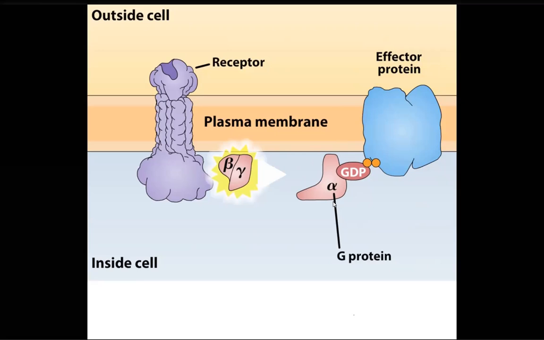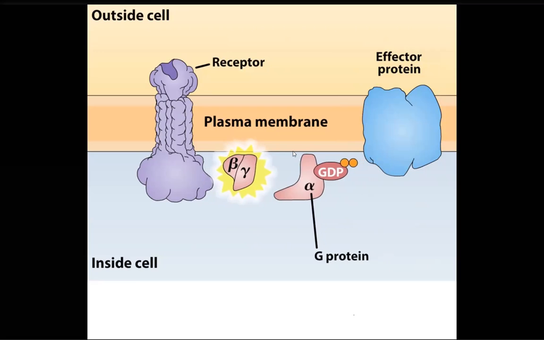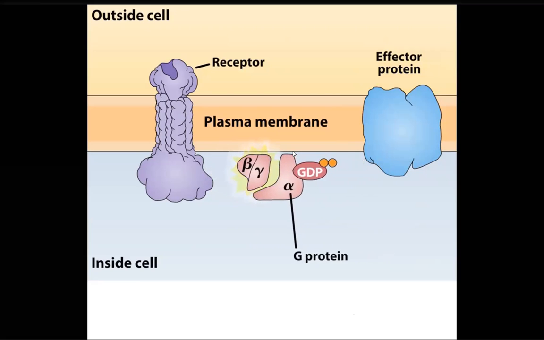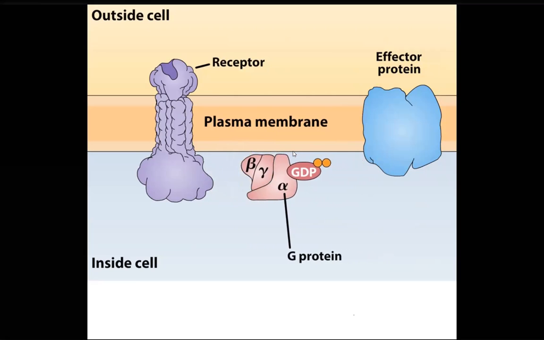The alpha subunit has its own activity to hydrolyze the GTP to form the GDP molecule. The GDP, once formed, stays bound and prepares for the next signaling molecule to arrive. The alpha subunit reassociates with the beta gamma complex, and the effector molecule turns off as well.